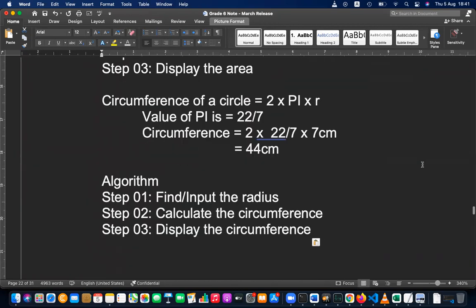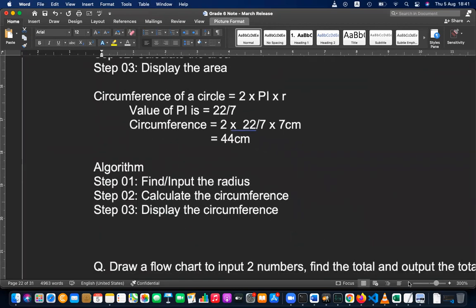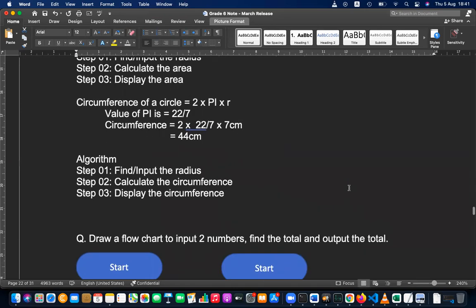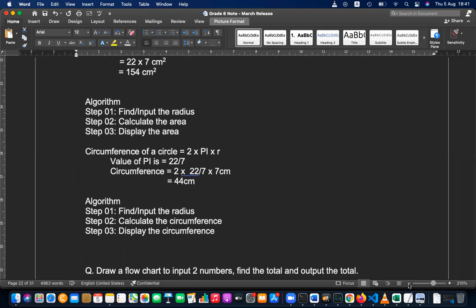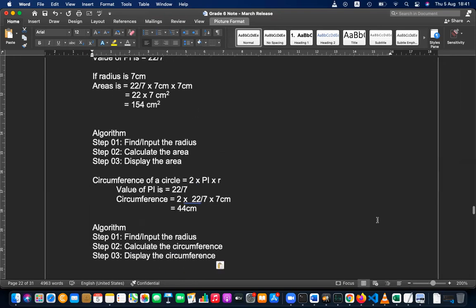Okay, finish writing quickly. Have you finished or still doing? I think now enough, right?